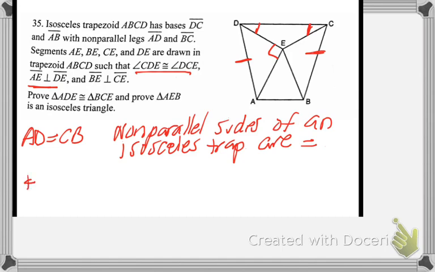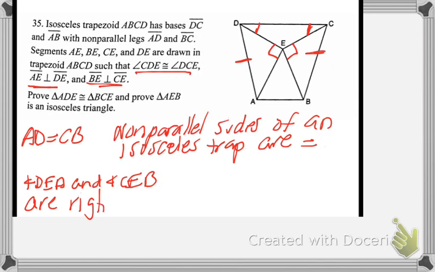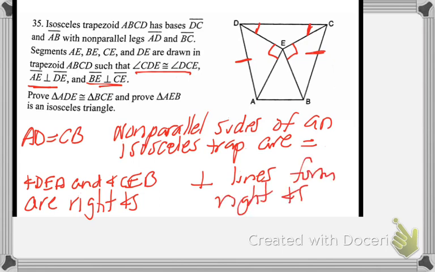So angle DEA and angle CEB are right angles. And how do I know that? Because perpendicular lines form right angles.